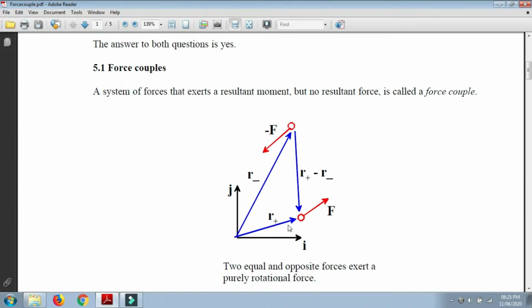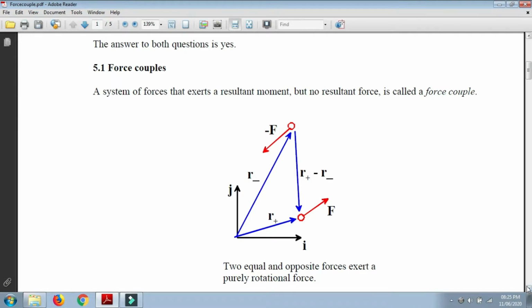From here to here we take a position vector, the coordinates of this point, which will be R plus, and from here to here another position vector, R minus, and the resultant of this will be R plus minus R minus. Two equal and opposite forces exert a pure rotational force. It will be called a force couple.